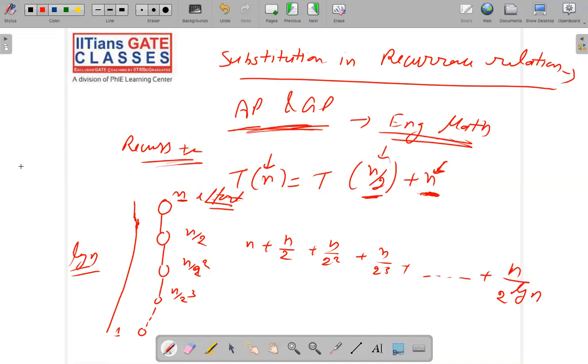You know the condition that n upon 2 raised to power k is equal to 1. So what is the value of k? If we iterate this tree k times, the value of k can be found out like this.